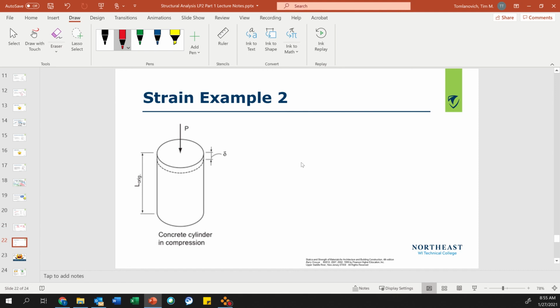All right, let's do compressive strain. We know epsilon, strain, equals, oops, sorry, this is my little crazy delta thing here, delta over length. Let's say I give you a strain of 0.001 inches per inch.